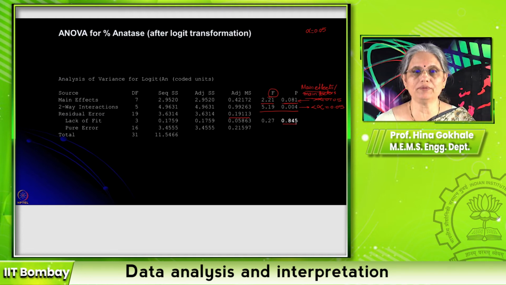Again, our hypothesis here is H0: there is no lack of fit. Alpha is 0.05 and this is greater than 0.05, and therefore we say that H naught is not rejected.